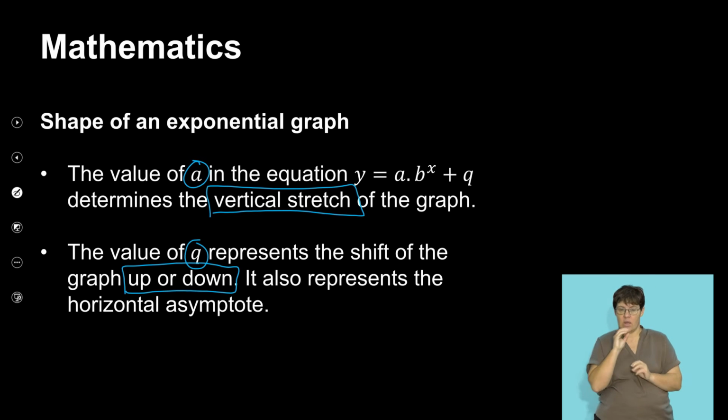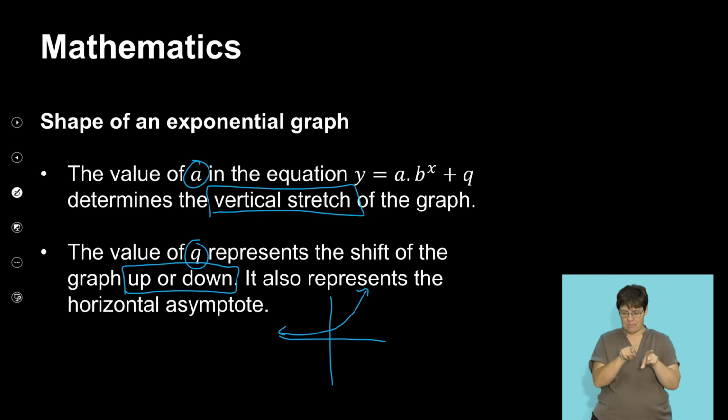Shifting means you are moving the graph. So if I say this is the mother graph, and then I shift it upwards, it will still be the same, but just a bit higher than it. Or shift it downwards, it will still be the same thing, but a bit down there. So although my graphs might not be drawn to scale, that's really what I mean.